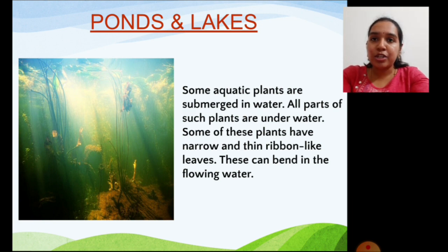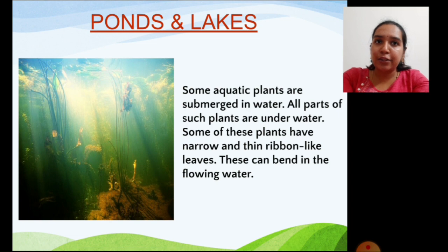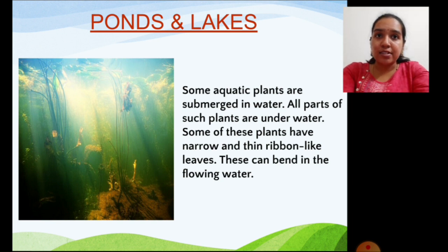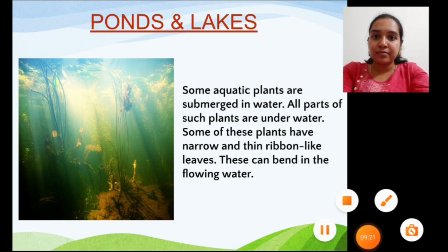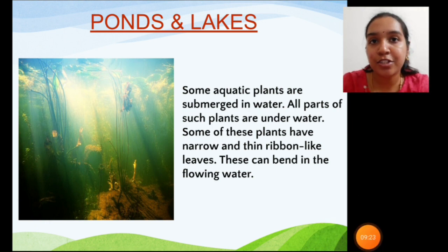Some of them have narrow and thin ribbon-like leaves, and in strong water currents, they usually bend and avoid the stem from breakage. The leaves of these plants are not clumsy, they are free and divided, giving space for the water to flow through them without damaging them.